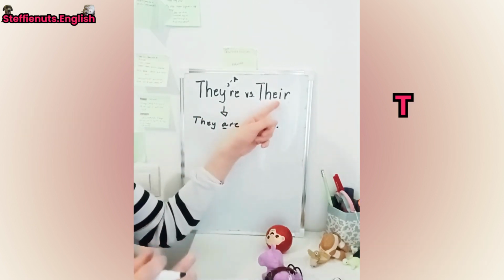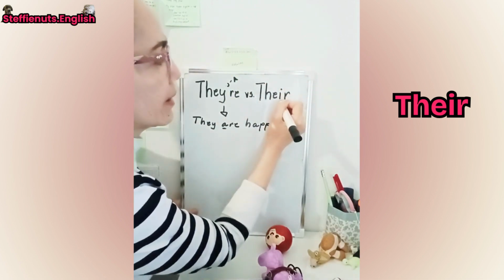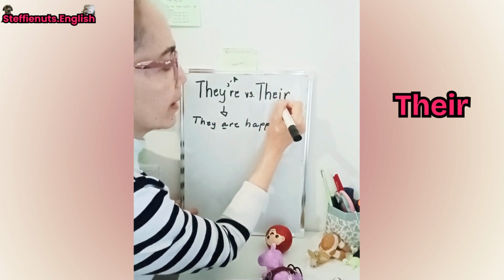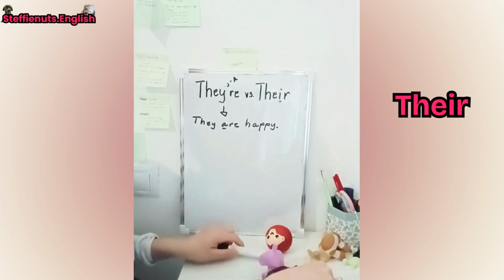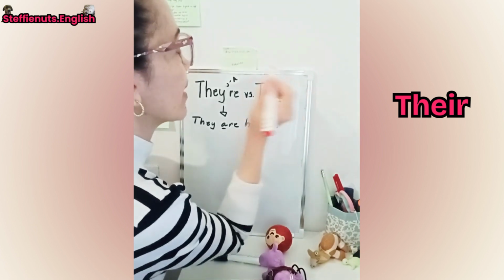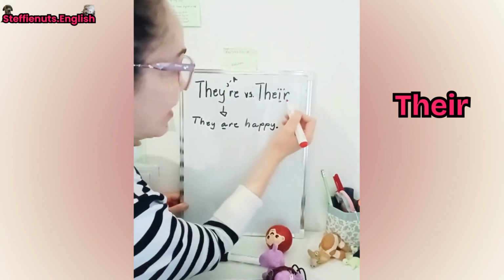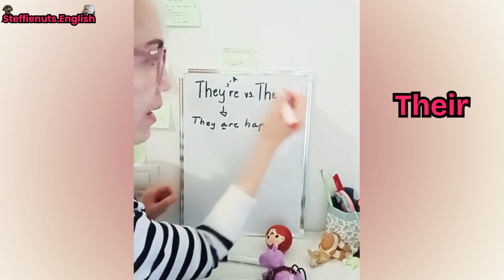Now, for this word, there, letter I is a person. It's a person. So let's put a smiley here. Okay? Remember, letter I here is a person.